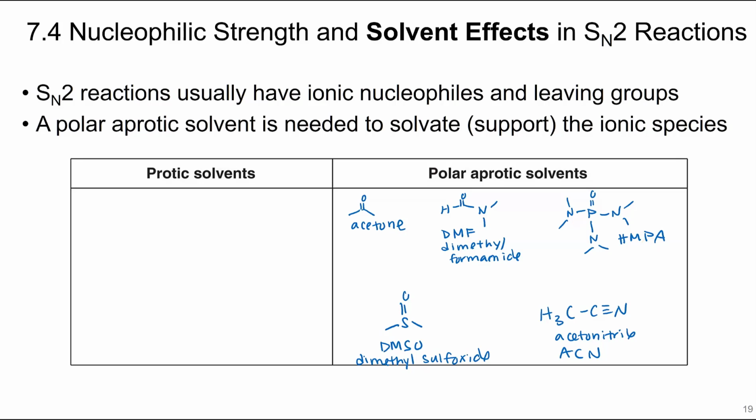So these are all polar but don't contribute a proton. Protic solvents are polar, but they do contribute a proton. So these include water, alcohols, ammonia, and acetic acid.